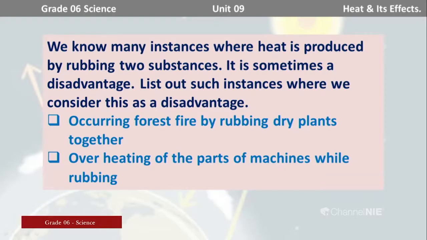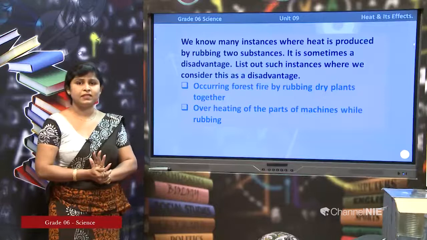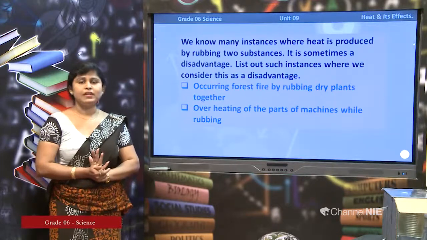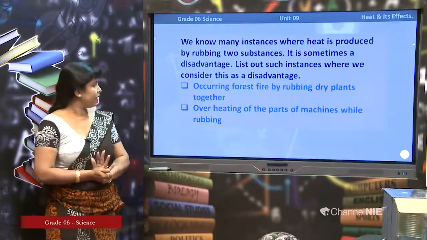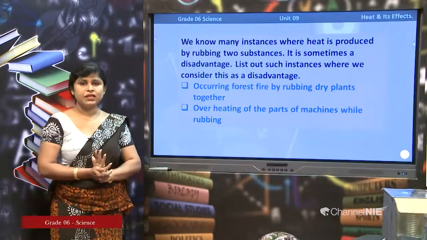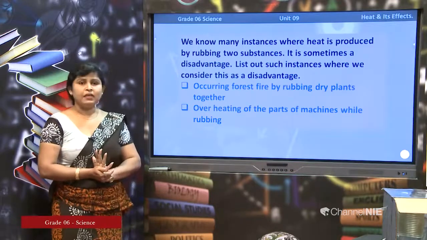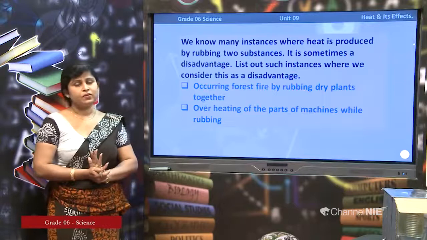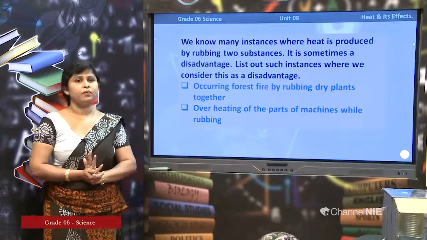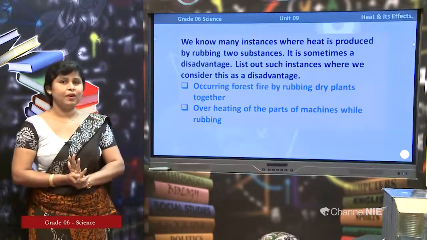When machines are working, the parts rub against each other and produce heat, right? This will damage the machine. So, those are the disadvantages of the production of heat while rubbing.